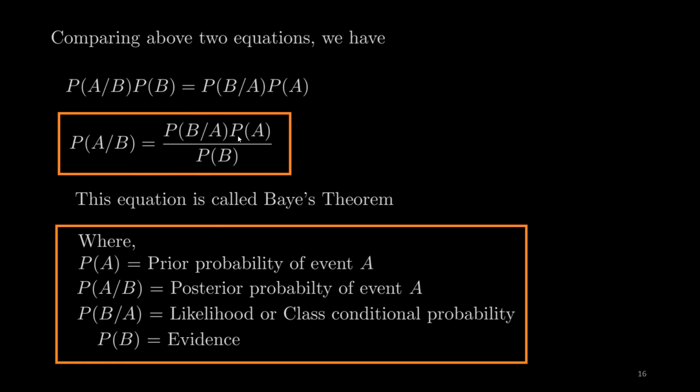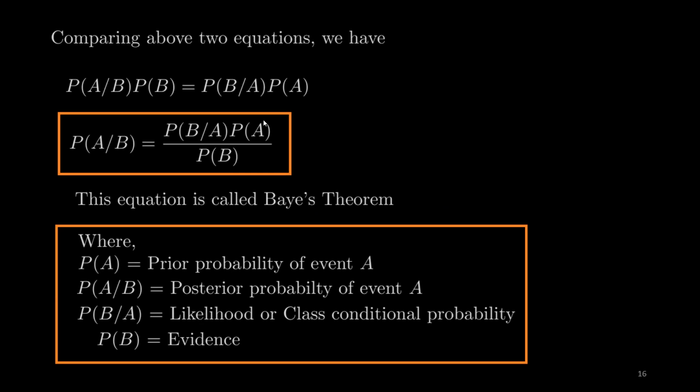So if we see here P(A), this is the probability of event A, or this is the prior probability of event A. If we see the left side, this is also the probability of A. So this is the probability of A without being conditioned, and this is the probability of A with condition. So in order to find this probability of A, we need this probability. That's why this is called the prior probability of A, and this is called the posterior probability of event A, because we will find this later.